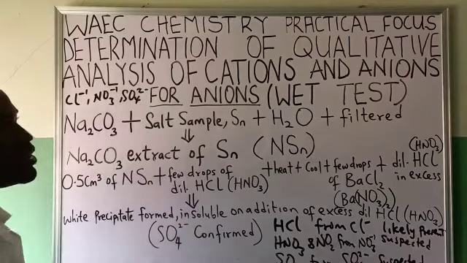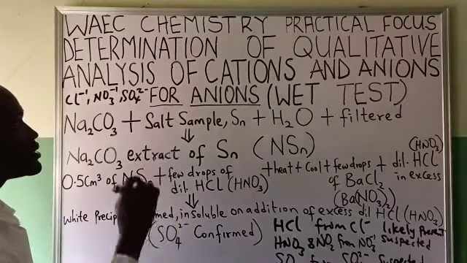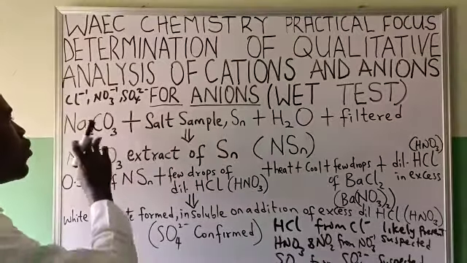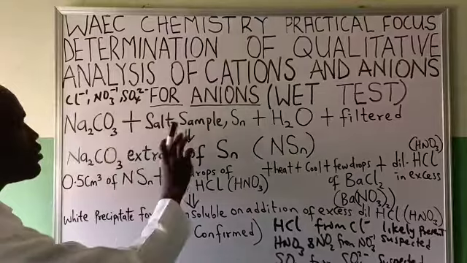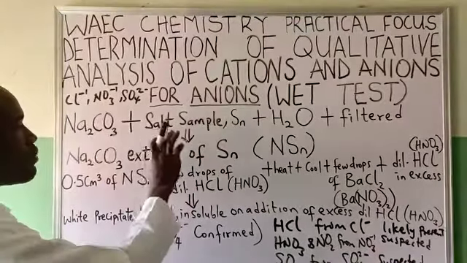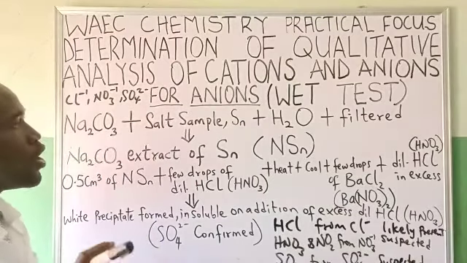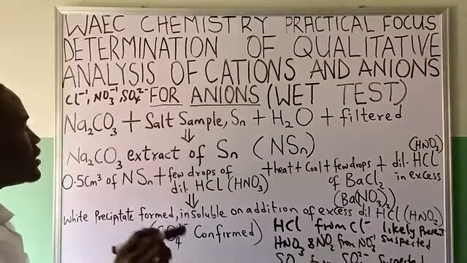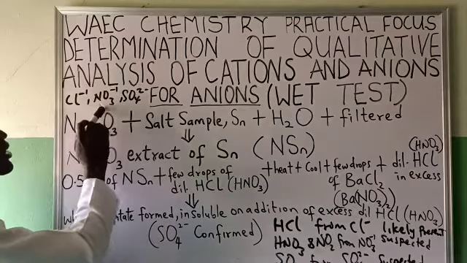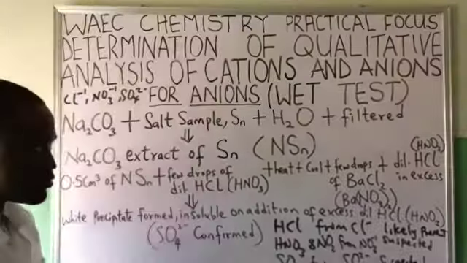We want to confirm them using the wet test, and even for carbonate. But for carbonate, we don't prepare sodium carbonate extract. We only prepare sodium carbonate extract of that salt when you are testing for chloride, nitrate, and sulfate ion.